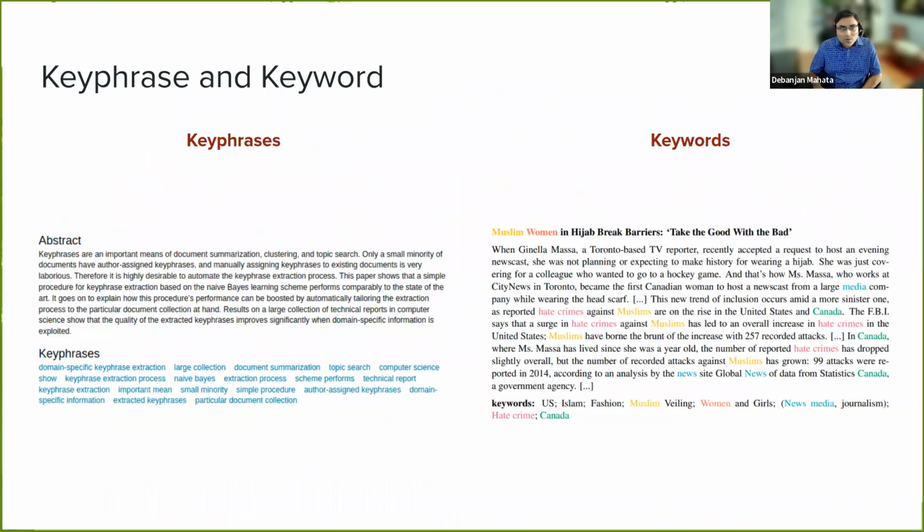Now, if you have noticed, in the two examples, in one of them the key phrases are referred to as key phrases, and in the other they are referred to as keywords. Before I proceed, I just wanted to clear this confusion, because I have faced it many times while talking with other researchers.